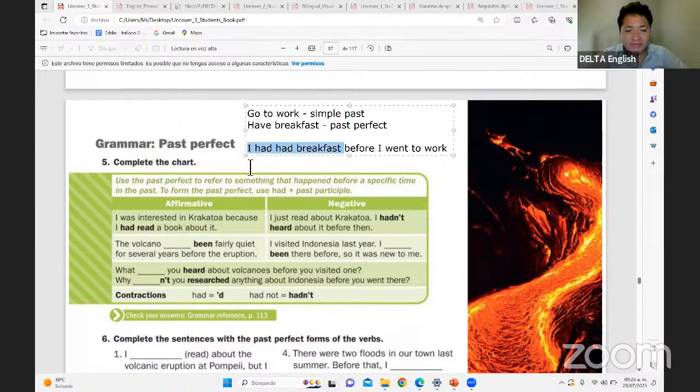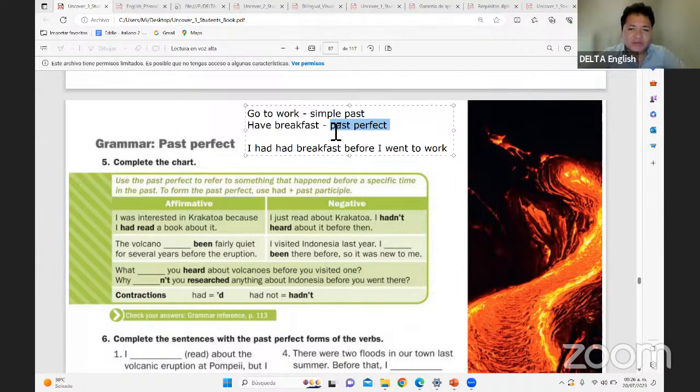I have had breakfast, y tengo otra oración después de before. I went to work, right? So in this case, two sentences are in the past. Las dos oraciones están en el pasado, pero una quedó más al pasado, right? That is the past perfect. So the past perfect, remember, is a past action that happened before one another. Okay? So, all right. So that's how we use it, right?